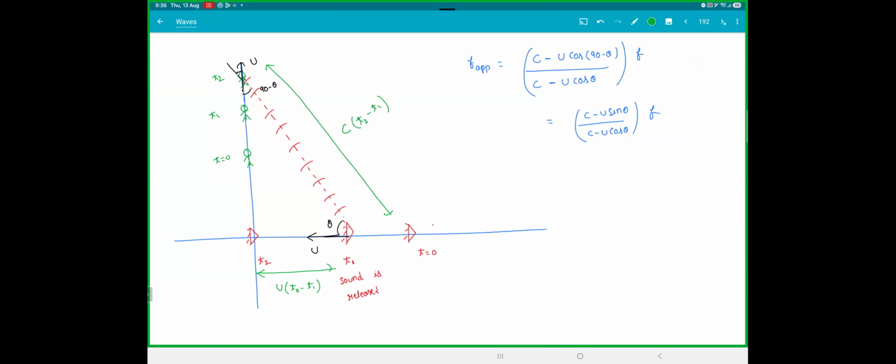The time taken for the sound to go along the diagonal must be equal to the time taken for the source to go from t1 to the origin. And from here, you can clearly see cos theta will be the adjacent side, which is u into (t2 minus t1) by c into (t2 minus t1). So you don't actually need the times. You get cos theta equals u by c.